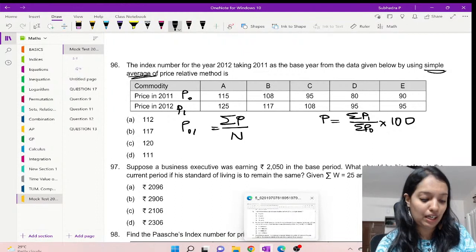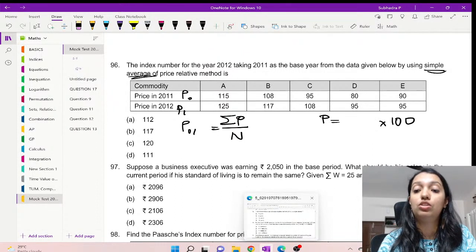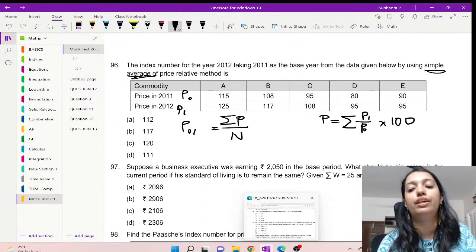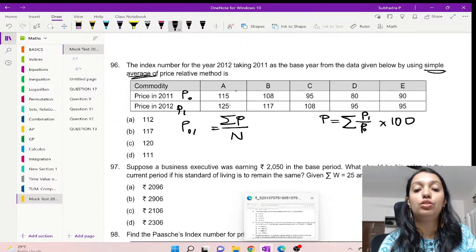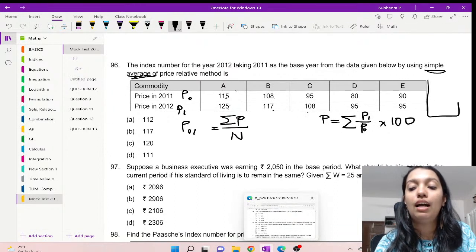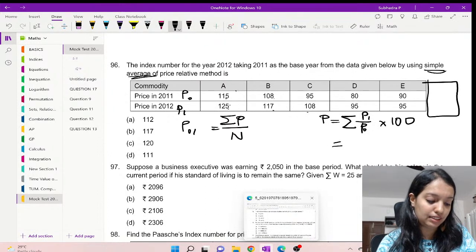Add all these values. Summation. No, this is not how we do it. It is summation of p1 divided by p0 into 100. So 125 divided by 115 into 100, 117 divided by 108 into 100, 108 divided by 95 into 100 and so on, and then finally find the summation.